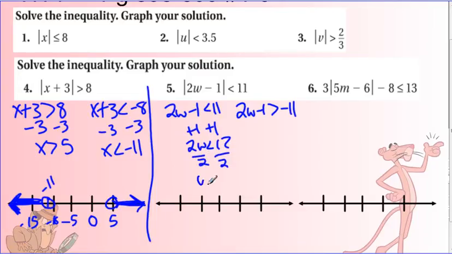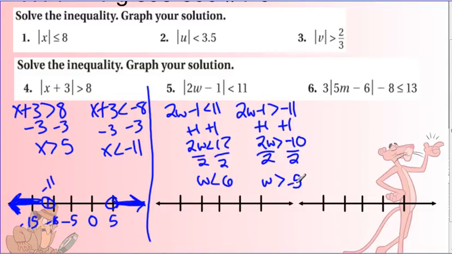W is less than 6. And plus 1 gives you 2w is greater than negative 10. Divide by 2, and w is greater than negative 5. So now we have our two answers. We need less than 6 and bigger than negative 5.